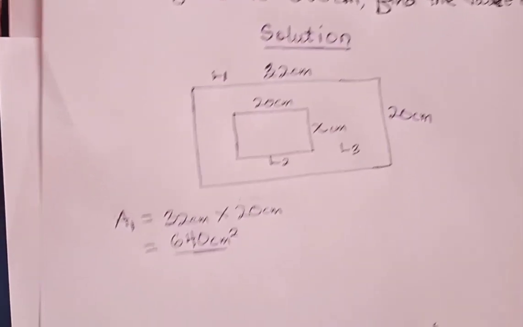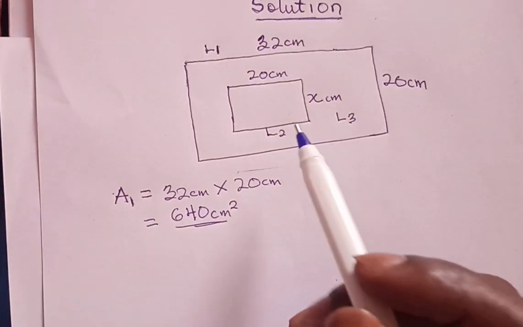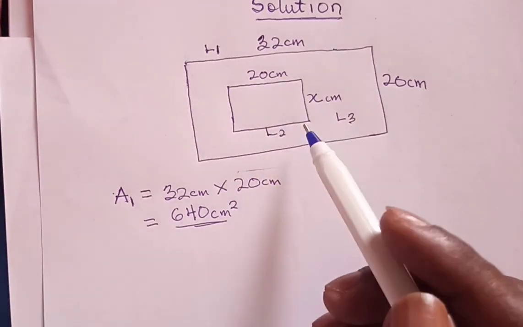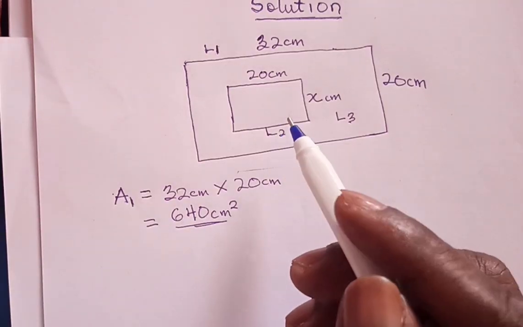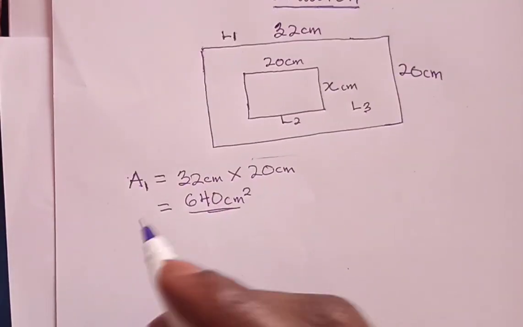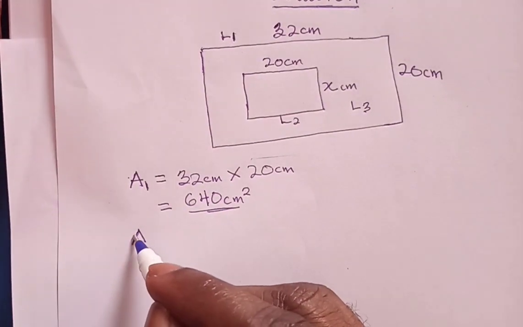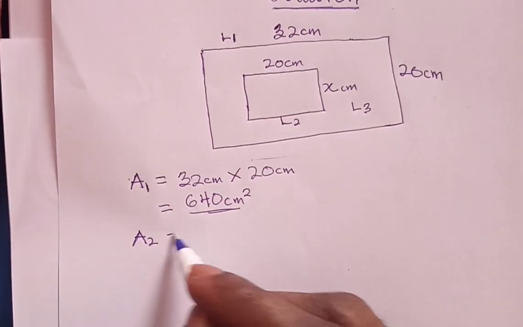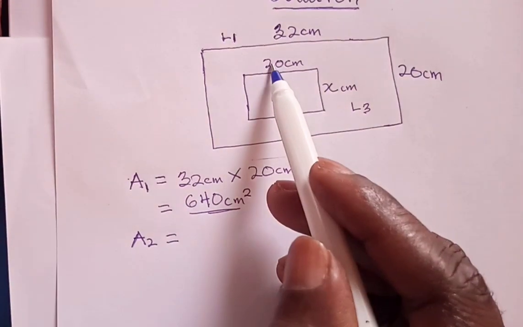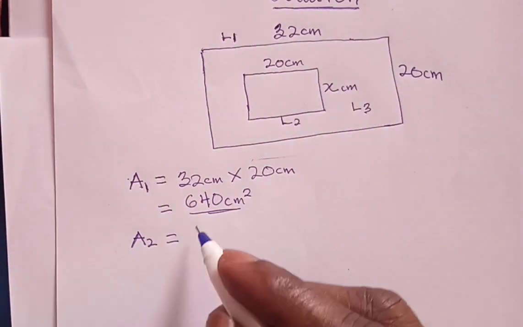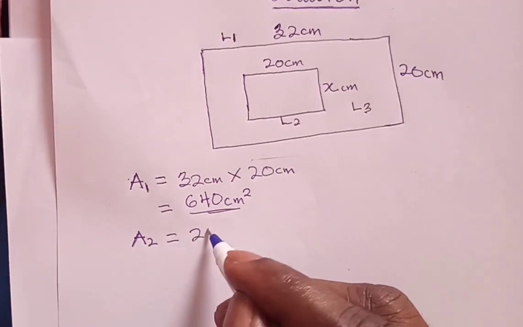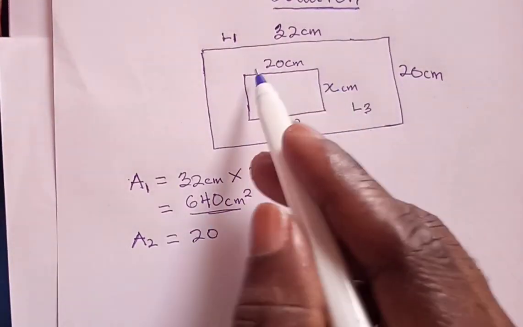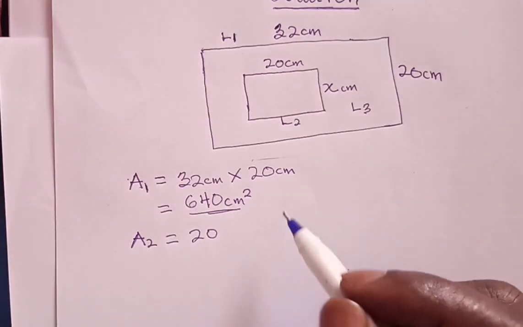Now let's also find the area of plot 2, the one used for building the house. We can call it A2, because we are finding the area. This also looks like a rectangle.